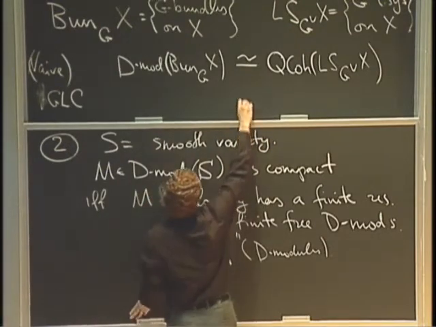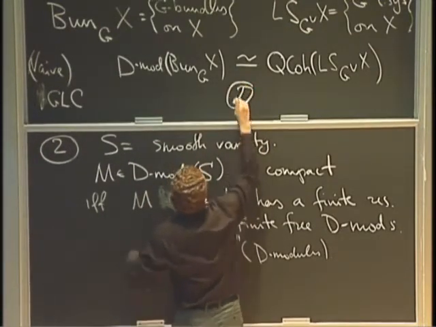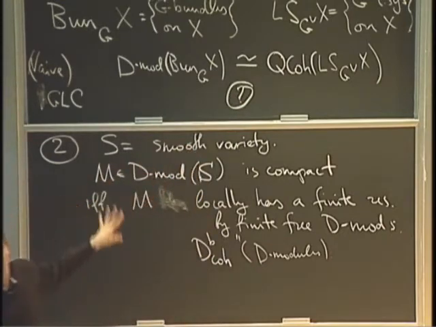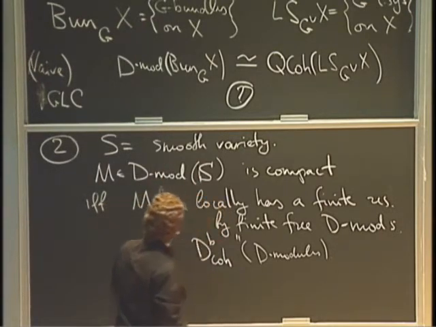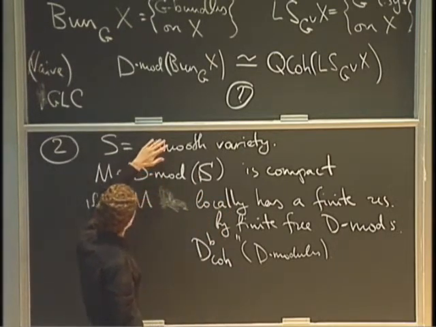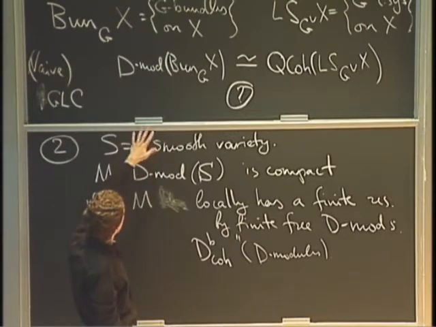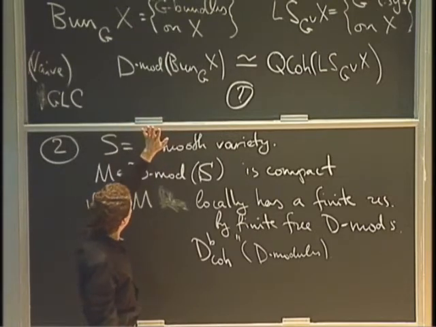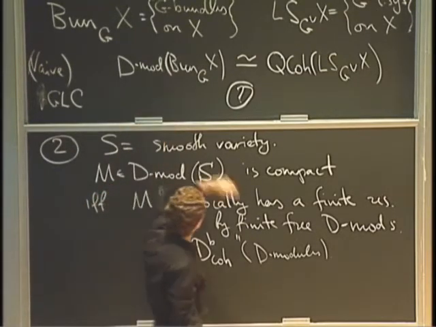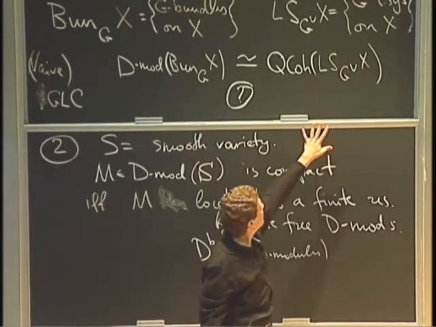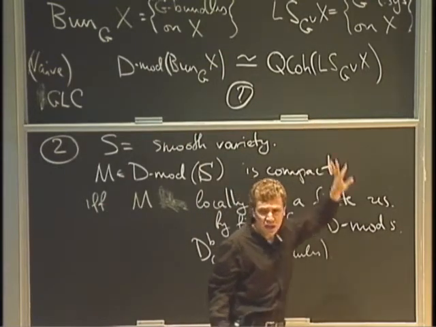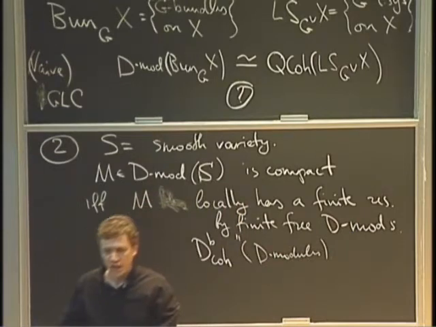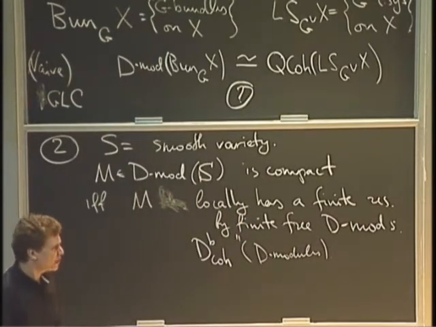Maybe I should put a question mark somewhere because it's not supposed to hold. So the problem with this equivalence is that there are objects that are compact on one side, on the D-modular side, but their counterparts on the right-hand side are not compact. And I want to say that this is not just some minor thing, really.